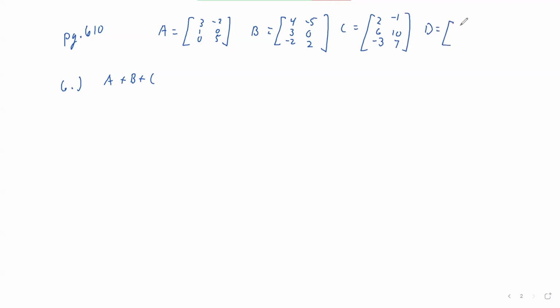D is 3, 2, 5, negative 2, negative 4, 1. So my A is a 3 by 2, 3 rows, 2 columns. My B is 3 rows by 2 columns, and my C is 3 by 2, and my D is a 2 by 3. So to be able to add A, B, and C, they have to be exactly the same, and they are.